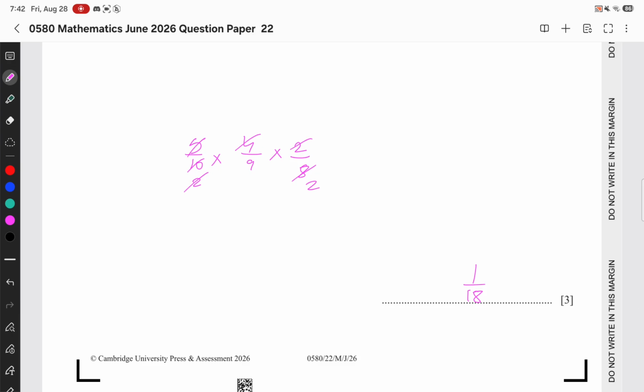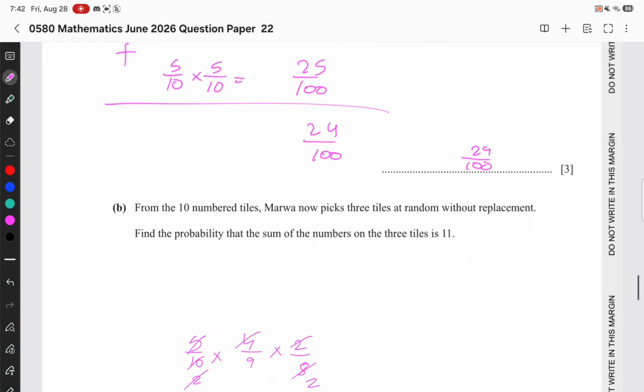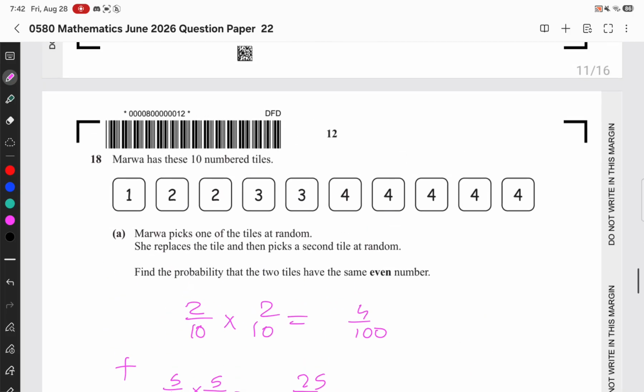1 over 6. Why? Why? 2 10 5 9s 4 8s times k times k. Huh? Okay, I'm getting real mad with this one. 1, 2 or 3.